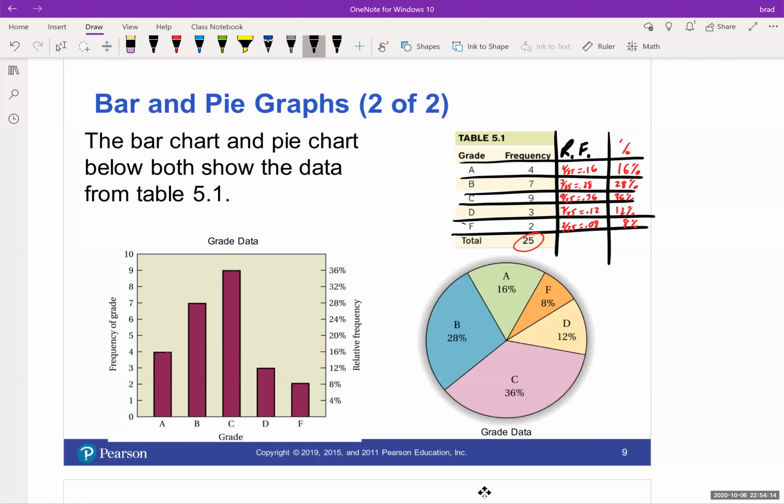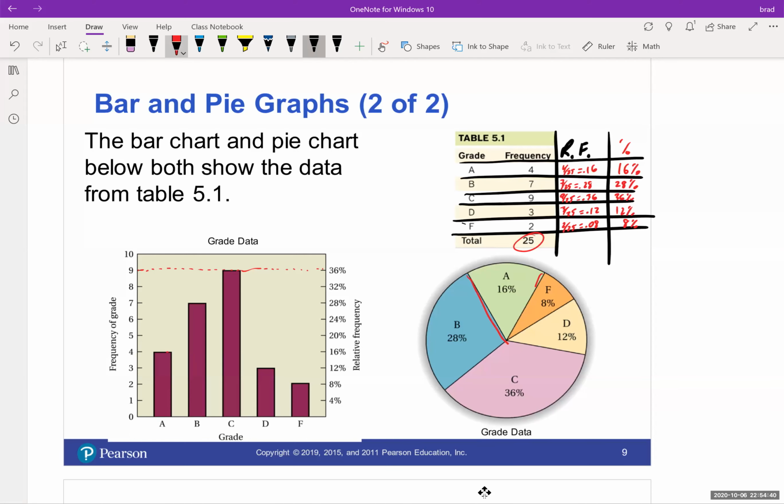So now if we want to say, okay, 9. For the letter grade of C, we get 9. So if we look over here at C, there's a height of 9, but then look at the percentage of relative frequency. It's 36%. So it's lining up perfectly. We can do the same thing with the pie chart. Everything has to add up to be 100%, so we're going to just do our best to approximate it.